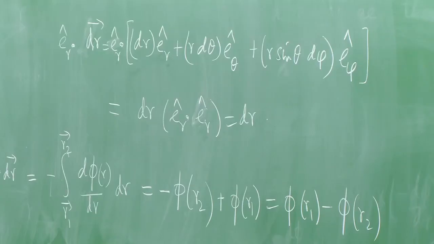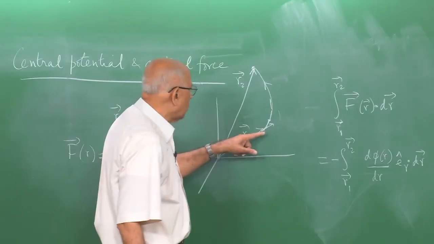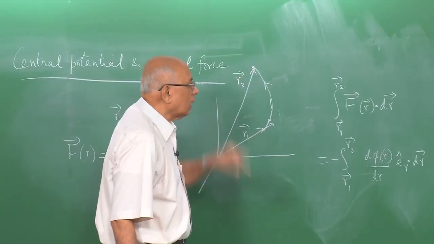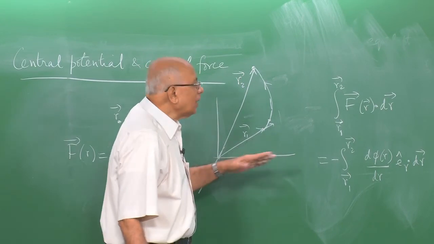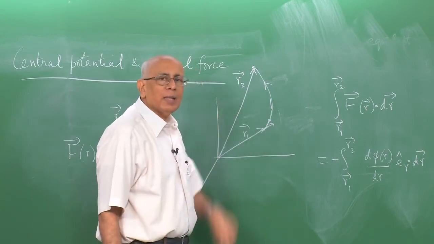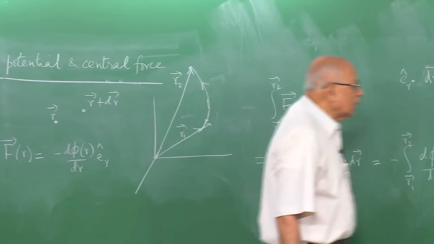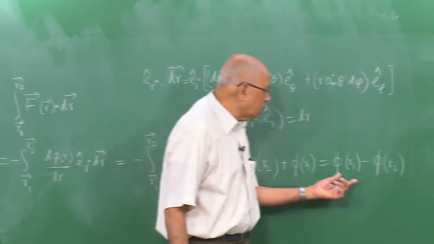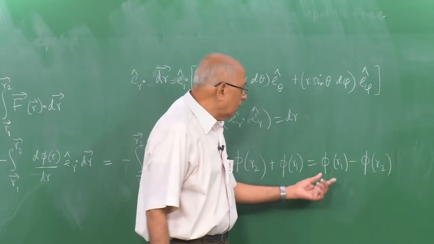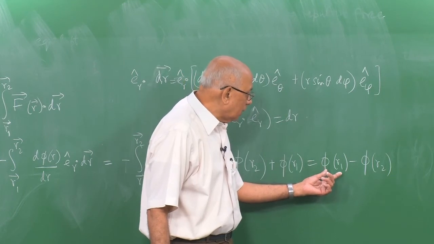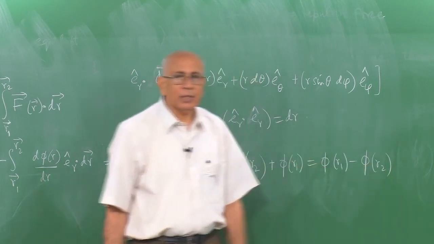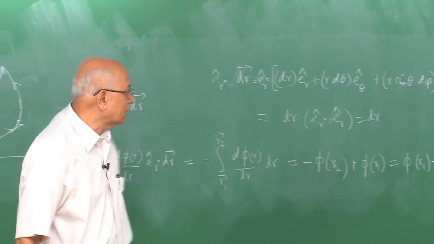So we have this beautiful property that the work done on the system by this force in moving from a point r1 to r2 is not dependent on the details of this path at all, but depends only on the potential, and it's the difference between the potential at the initial point minus the potential at the final point here.